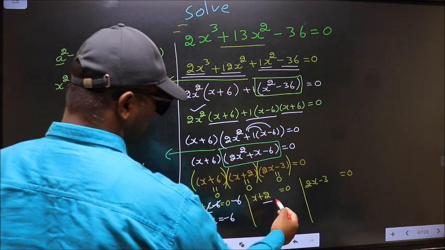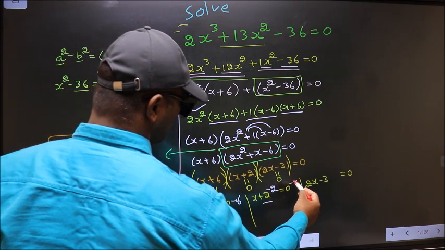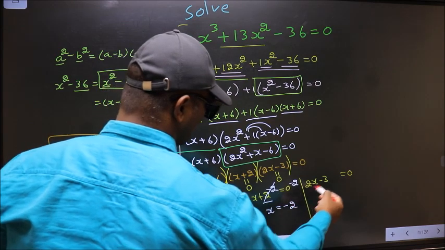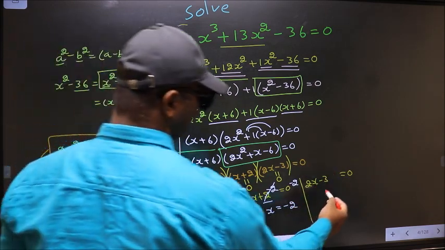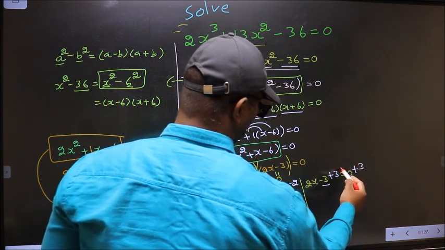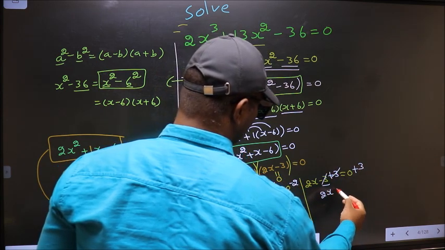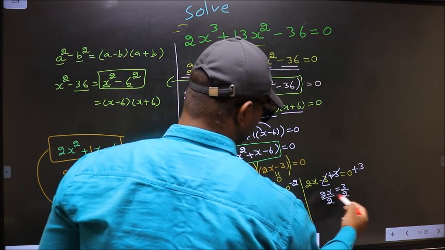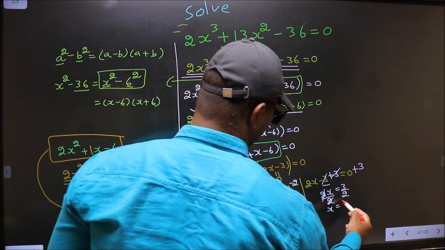Now here we should remove plus 2, so you subtract 2. You get x equal to minus 2. Now here first we should remove minus 3, so you add 3. You get 2x equal to 3. Now we should remove 2, so divide by 2. You get x equal to 3 by 2.